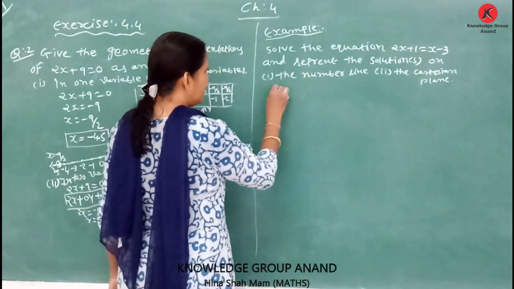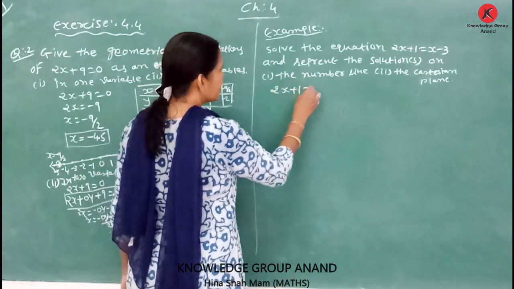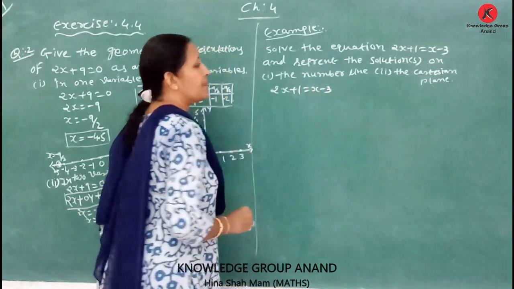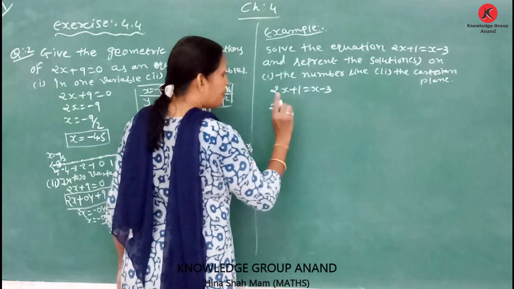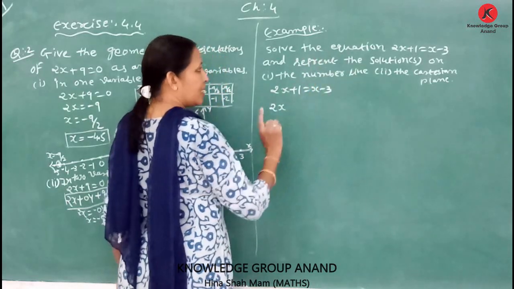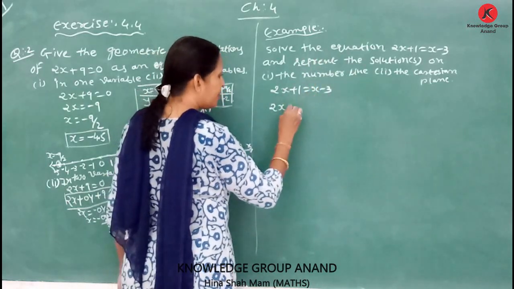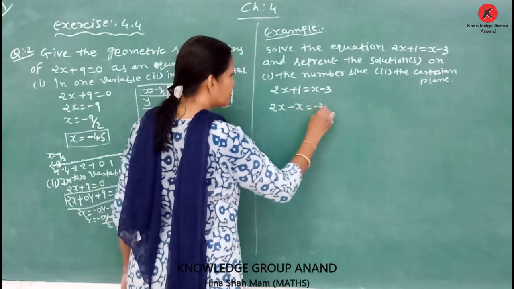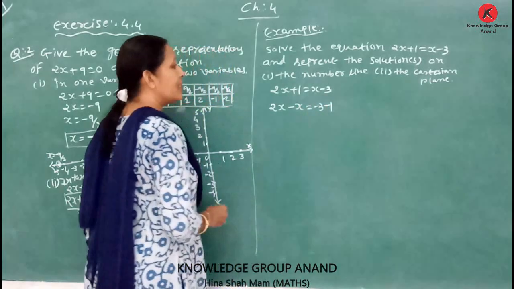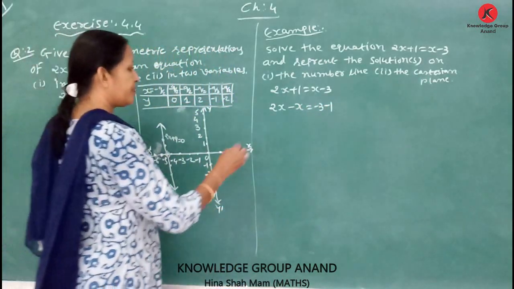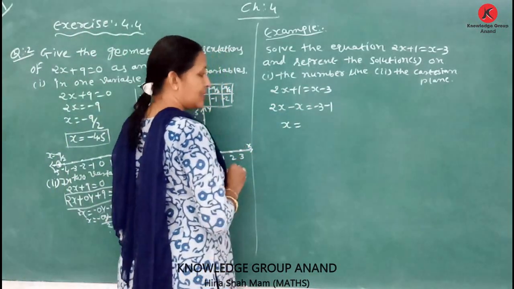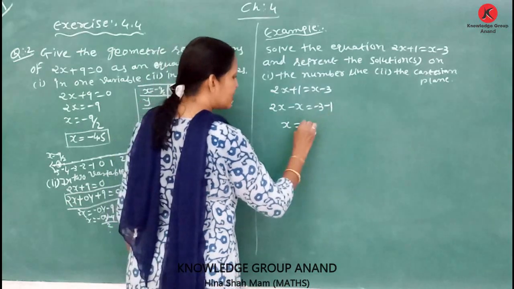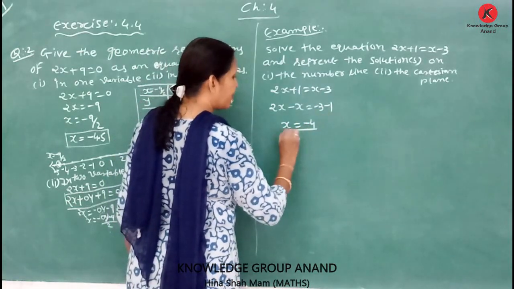Our equation is 2x plus 1 equals x minus 3. First we solve the equation: 2x minus x equals minus 3 minus 1, so x equals minus 4.